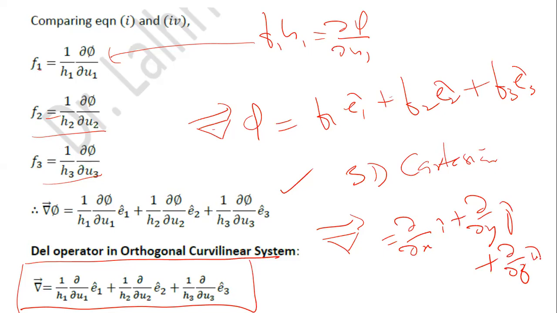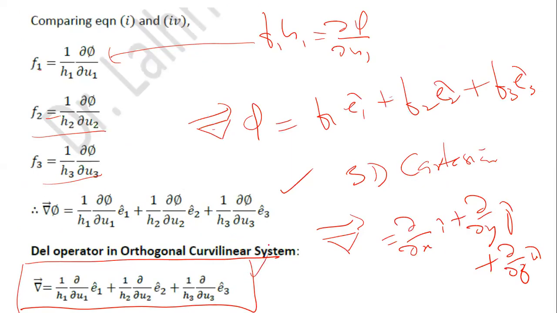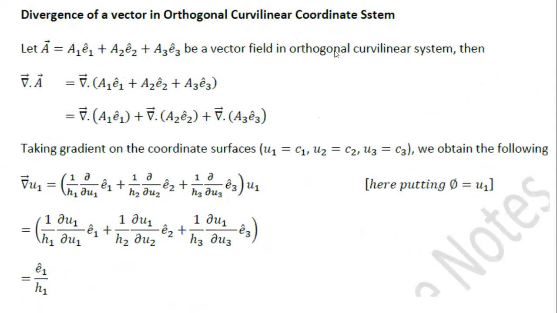So this was the 3D Cartesian del operator. But in the orthogonal curvilinear coordinate system, this is what we have as the del operator. All right. Now moving on to the divergence of a vector in the orthogonal curvilinear coordinate system.